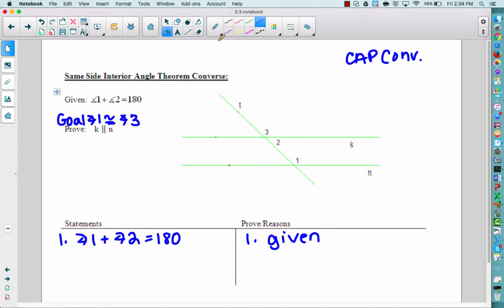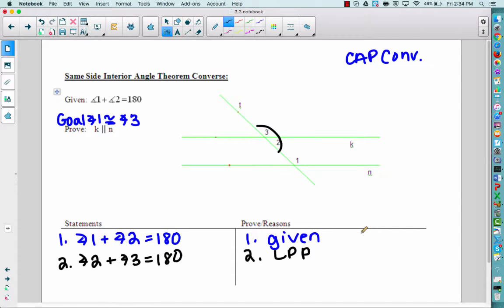to prove this theorem. I noticed that I've got 180 in my statement right now, so I somehow have to get rid of the 180. I might have to use some things that I know about the diagram. So if 1 plus 2 equals 180, I also see that angle 2 plus angle 3 equals 180, because of the linear pair postulate, LPP.